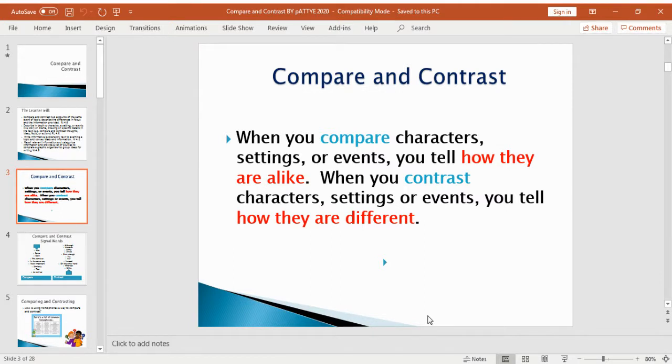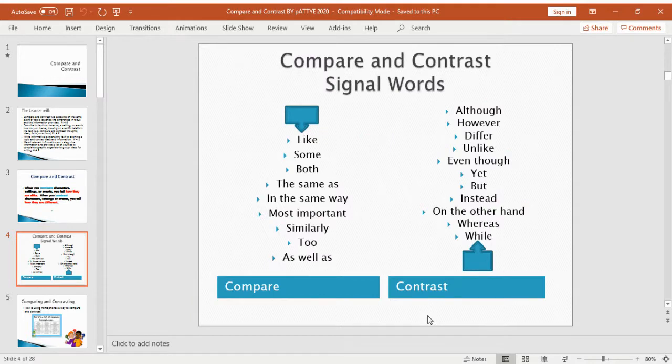Let's take a look at some words that authors use to help us in comparing and contrasting in a text. Authors may use words such as like, some, both, the same as, in the same way, similarly to, as well as, to signal that in that particular passage they are comparing how two things are alike.